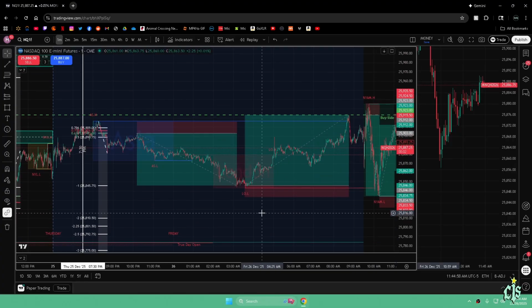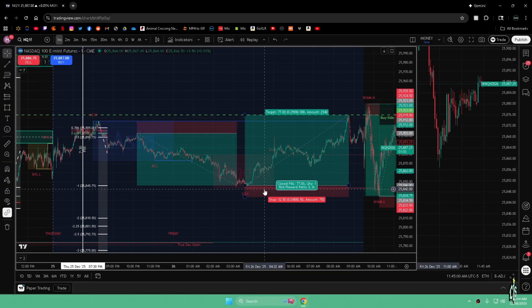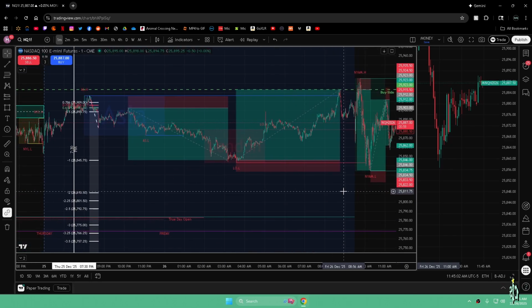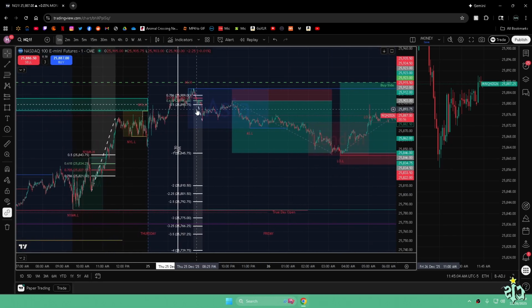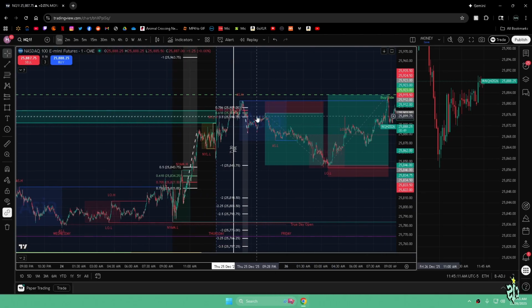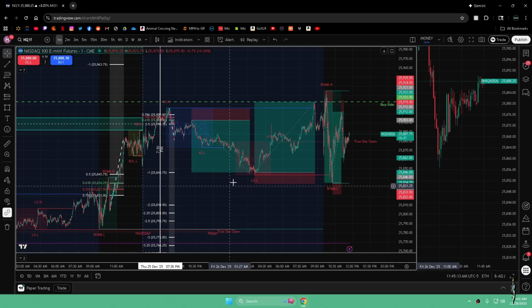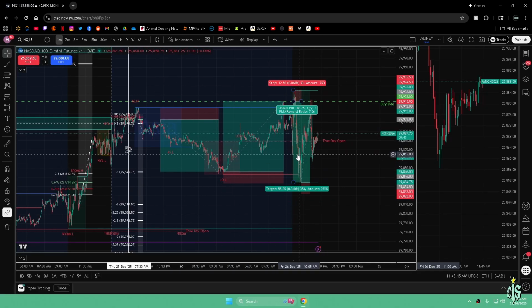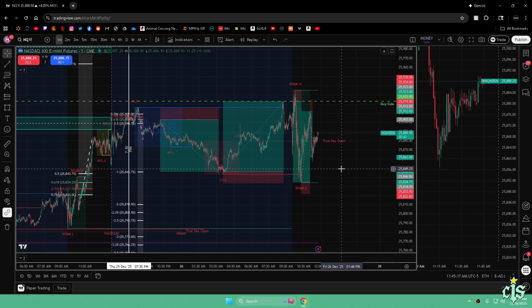But this all changes based on day and based on how market is moving, right? So I base everything off Asia and London, how I trade. Based off what Asia does and London does, New York is where I make the big bucks.